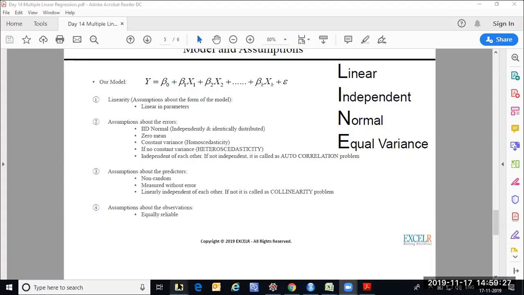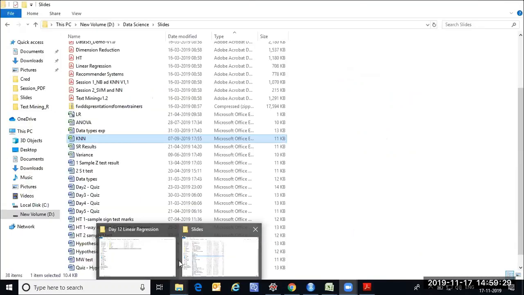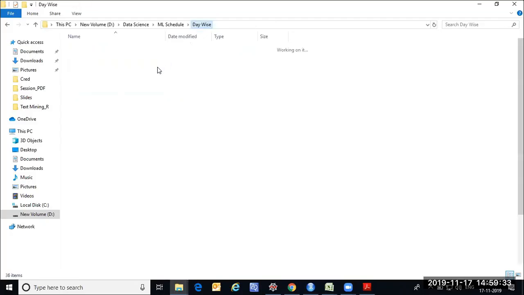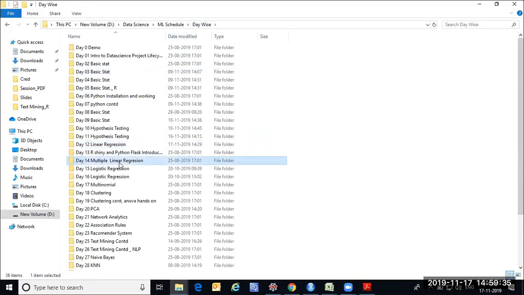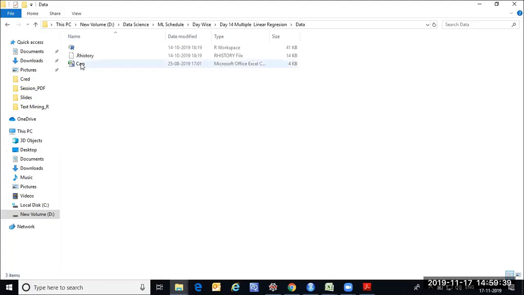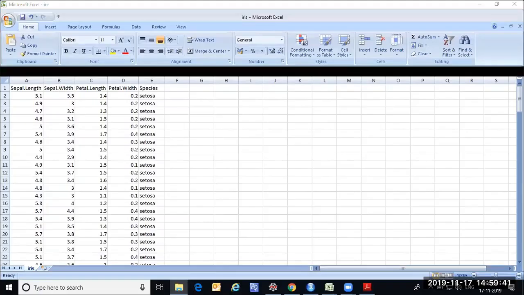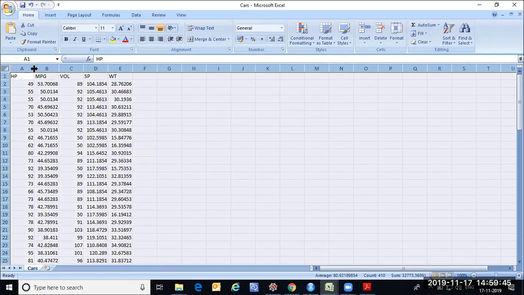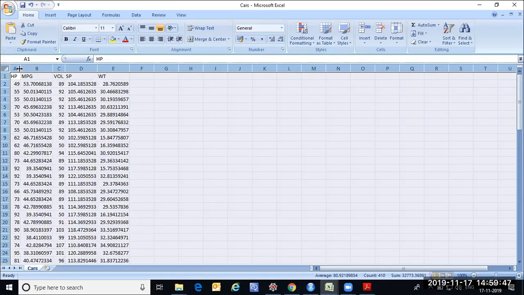Now, let's look at the data of these cars. Can you tell me the data type of each of these variables?